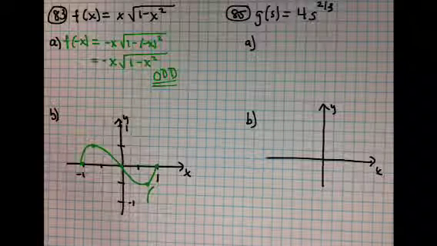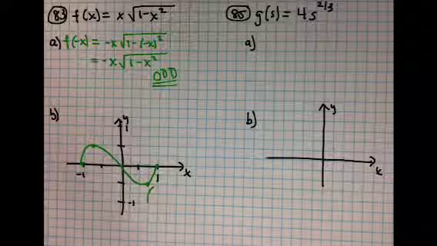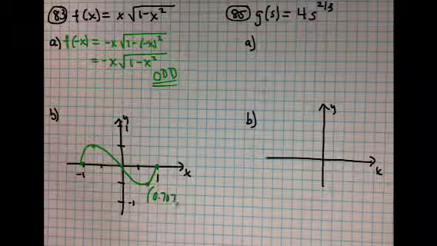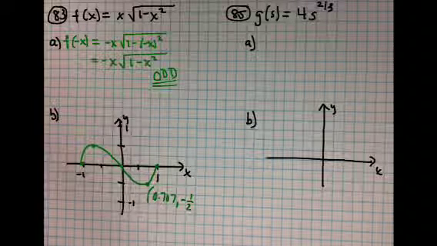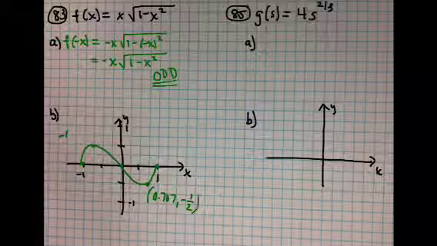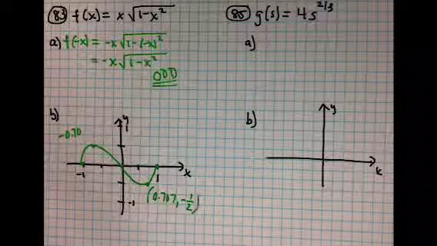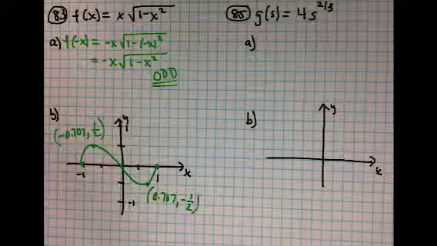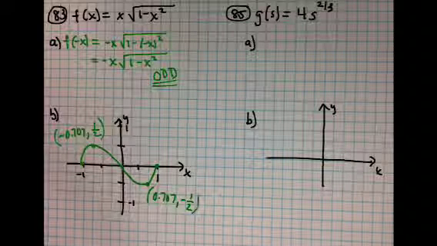So if you click on it, it gives you the coordinates. So this one is 0.707, negative 1/2. And this one is negative 0.707, positive 1/2. Okay, so that's how we know that it's an odd function.